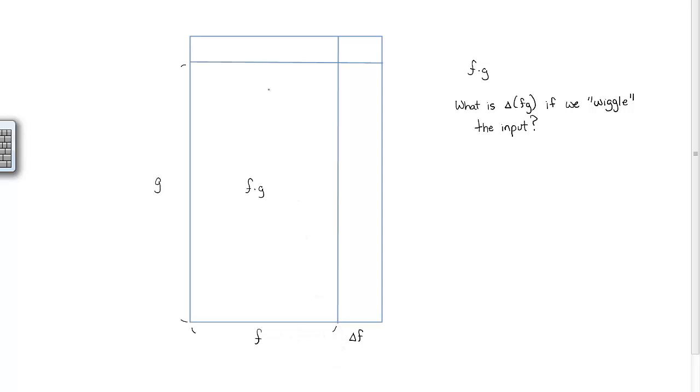So again, this part right here, and let me go ahead and draw it out with maybe a highlighter. This yellow part right here is what f is. And when we wiggle f, it just adds on a little bit extra. So maybe like this much extra. And so we get this f plus a little delta f.